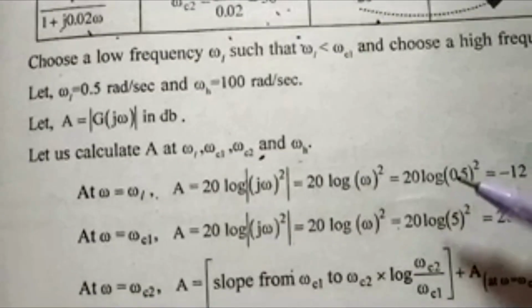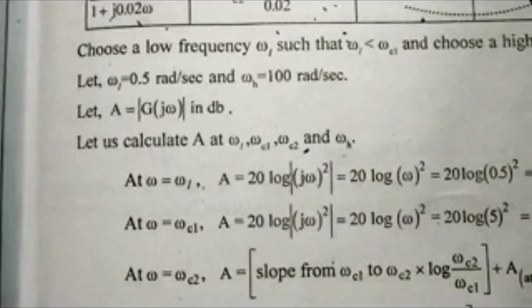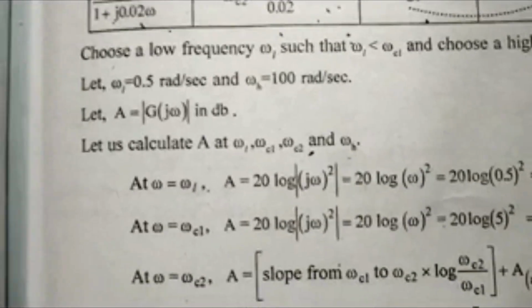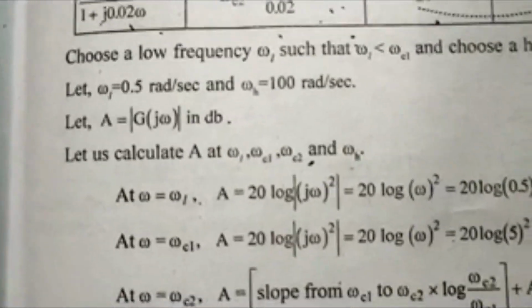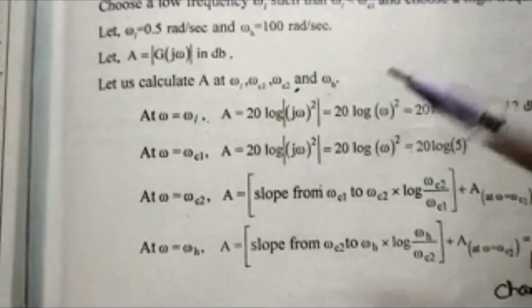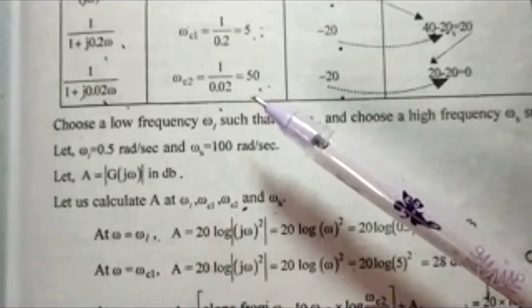So what are these steps? For the first term, we'll calculate for two frequencies, omega L and omega C1. Omega L is the low frequency which is assumed to be less than the lowest corner frequency. And now the next one is omega C2. The omega C2 value in our problem is 50.